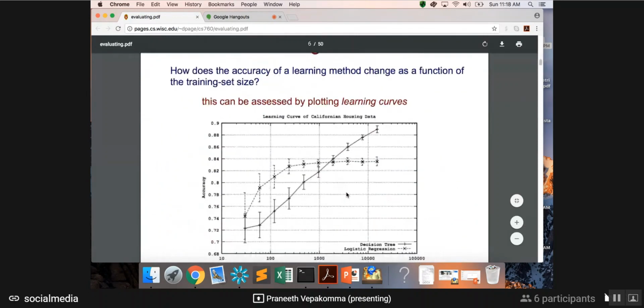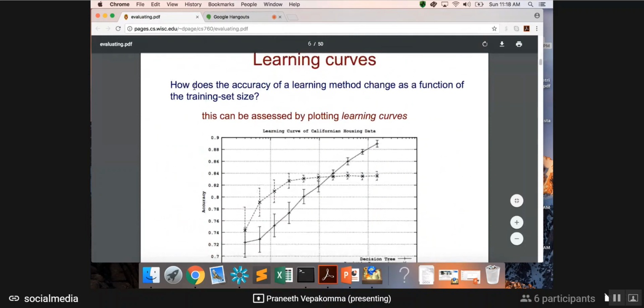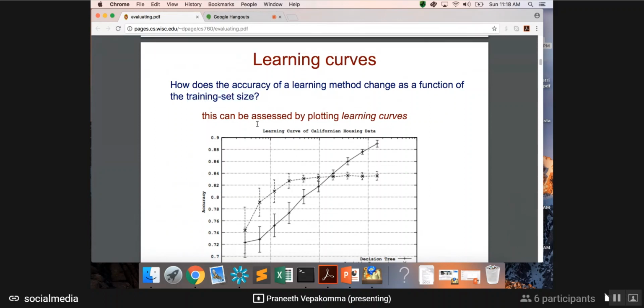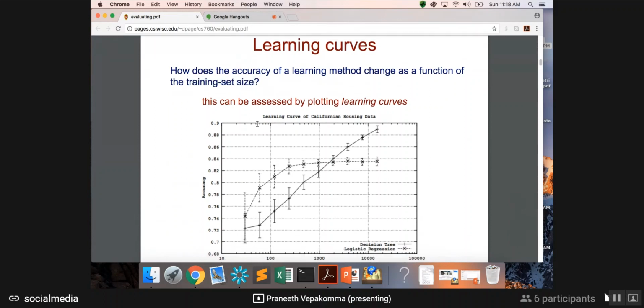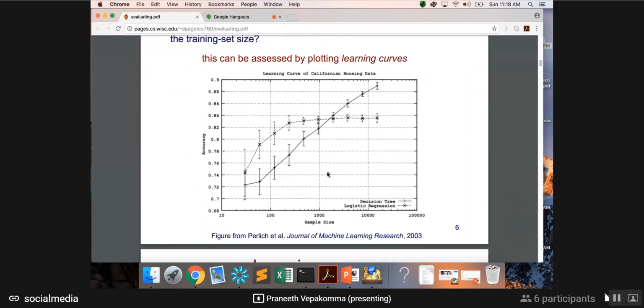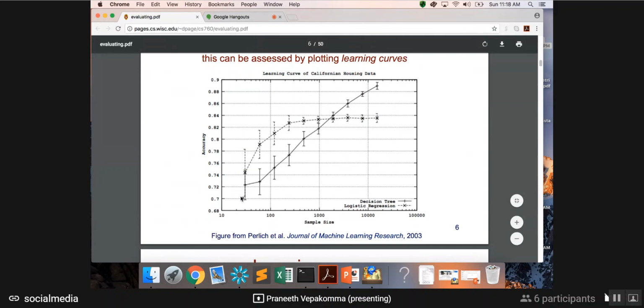Okay, say we had a simpler question. How does the accuracy of your method change as a function of the size of your training set? 100 rows of training versus 1,000,000 rows of training. You can always do those experiments if you had that possibility. But this is not a very useful analysis, because in reality, you have some amount of training data.